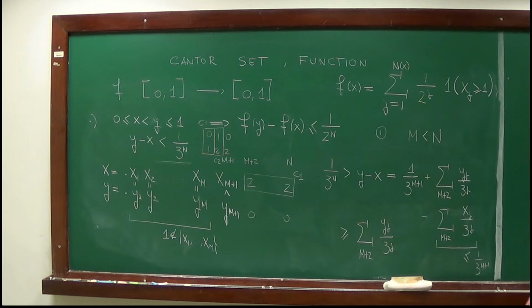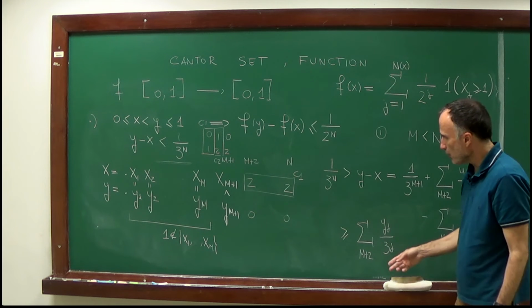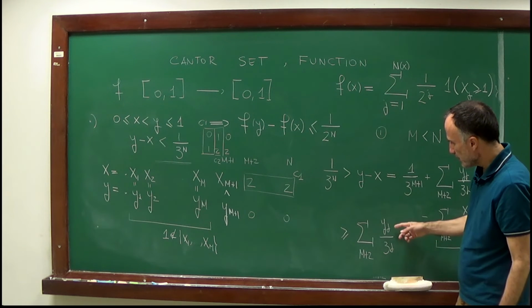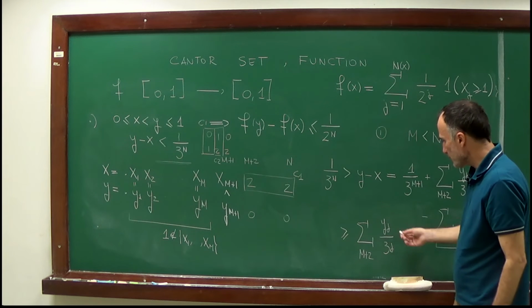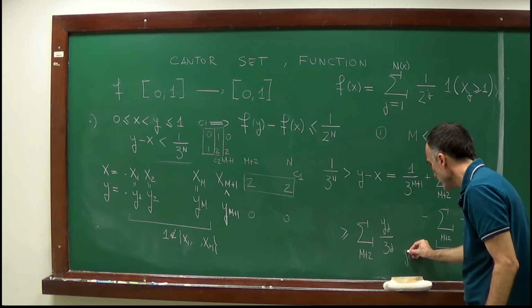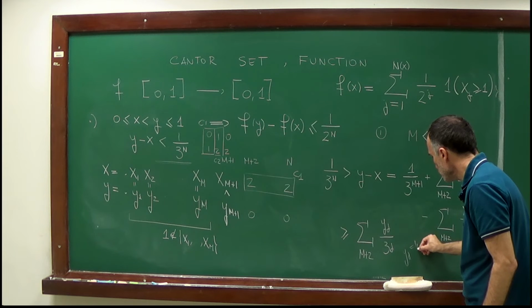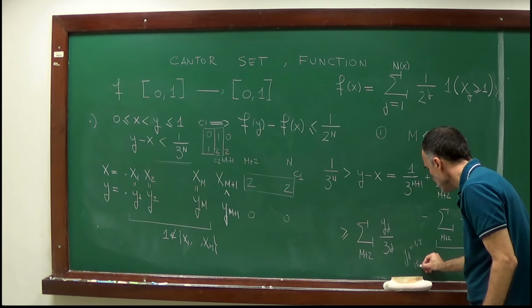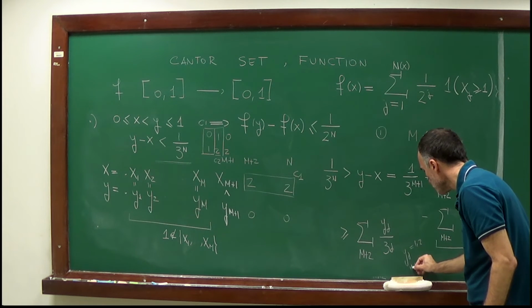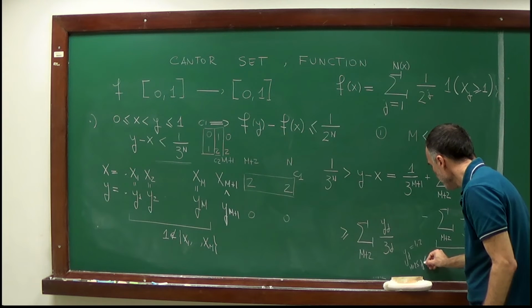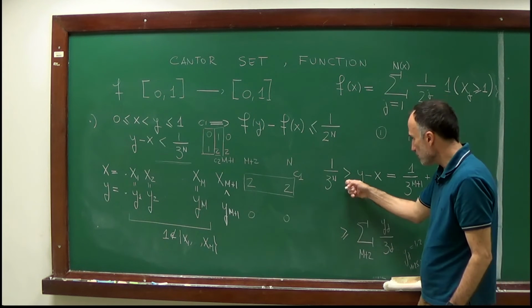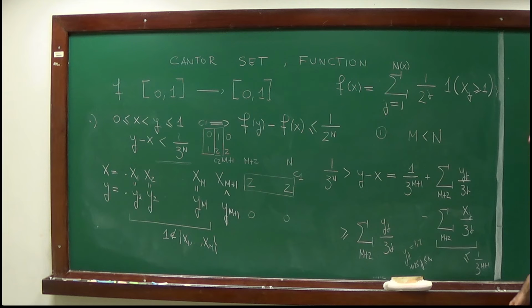And here again, I can argue as before, saying that if one of these yj is 1 or 2 for j between m plus 2 and n, this strict inequality cannot be satisfied.